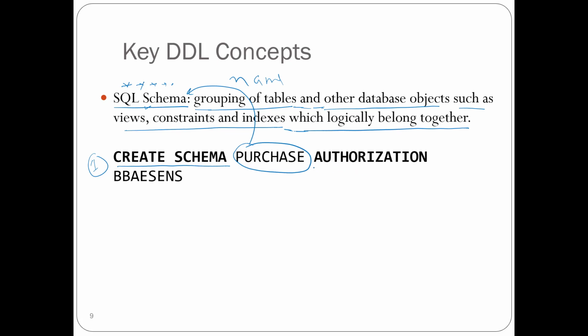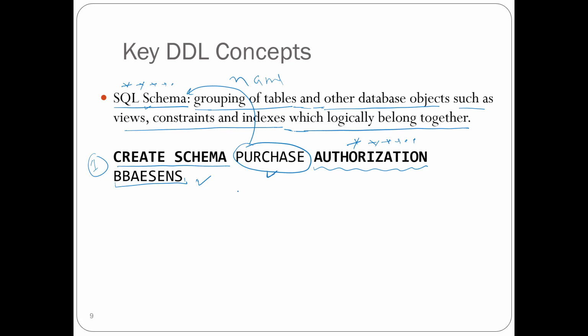And after that, you're looking at this keyword, which is authorization. Now, the authorization keyword is used to associate or assign an owner of this schema. So here the owner is B Basins. So B Basins is the owner of the schema purchase. B Basins will have all the privileges associated with this schema; in other words, it can perform all the operations on this schema, which is purchase.